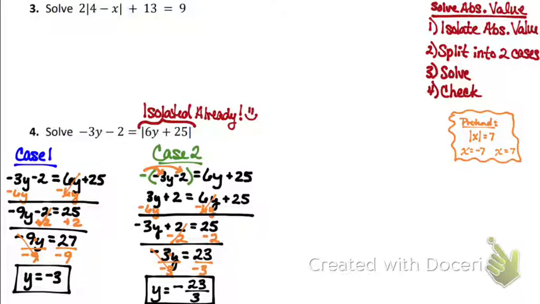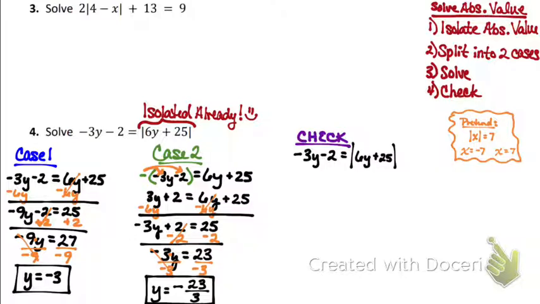All right, let's check this now. Which answer do you guys want to check first? The fraction. Sounds good. Let's check our fraction first. I'm going to go all the way back to the original equation, the one that has the absolute value in it. What are we going to put in the place of y?